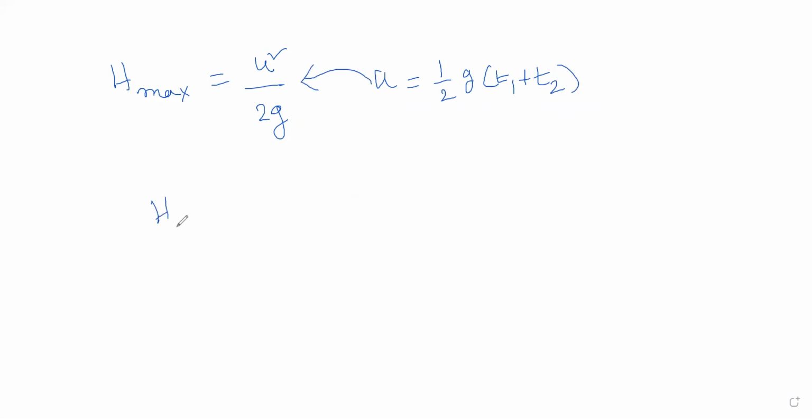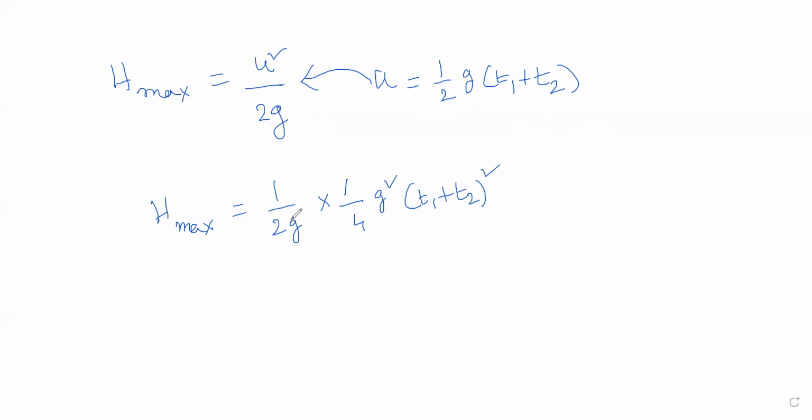So h max is half, 1 by 2g into u square. If you had to square the u, that is 1/4 of g square into t1 plus t2 whole square, right?